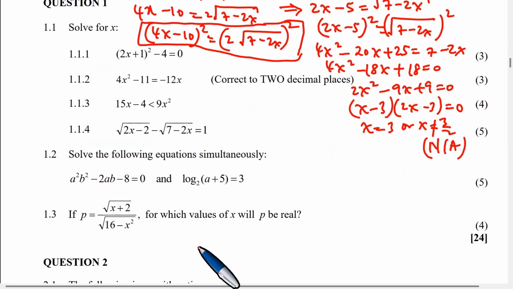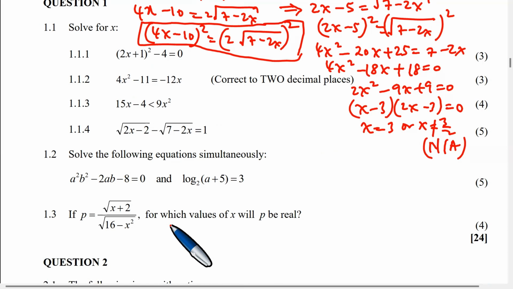Next, we want to solve these equations here, which are simultaneous equations. How do we solve these simultaneous equations here? Probably there are a couple of ways to solve them, and we proceed as follows.